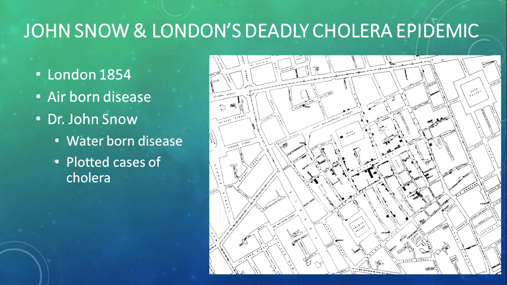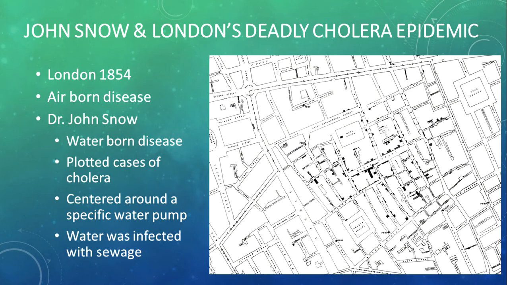So he started plotting out all the deaths of cholera in the Soho district of London. And he started to notice a trend. All of these deaths seemed to be centered around a very specific water pump. And when he examined it further, he found out that that water pump was infected with sewage.